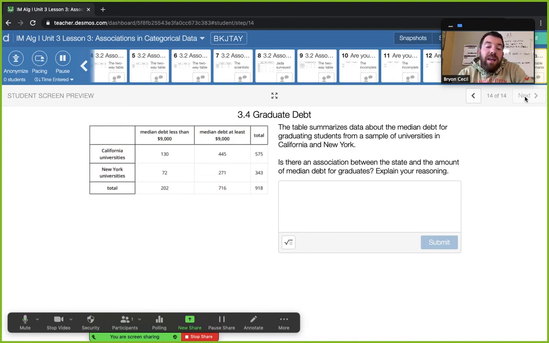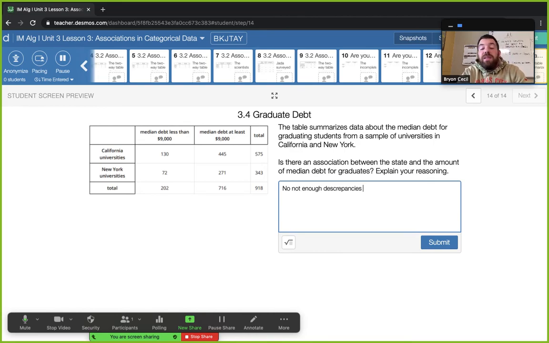all right? And guys, really, when we look at this, there really is no association between the amount of the median debt and the size of the school. They're both about 77 to 79%. And so we'll say there's not enough discrepancies. I totally misspelled that, but we're going to go with it.